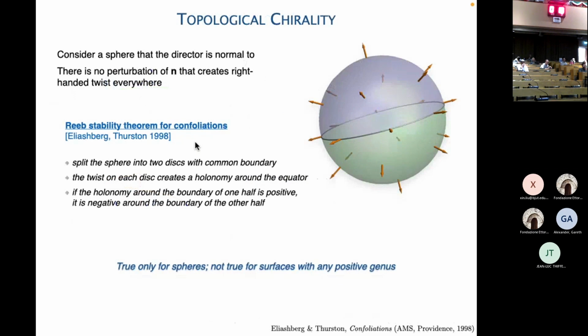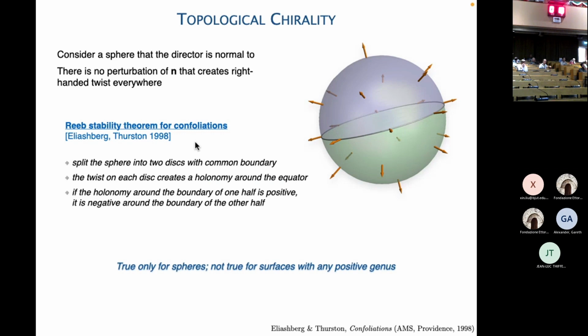Okay, well, this interpretation of twist allows you to at least outline the proof of this theorem in a number of steps. You take a spherical surface that the vector field is normal to, you break it into two disks with the equator as a common boundary, and you calculate this shift either up or down around the boundary from the perspective of both of the disks.